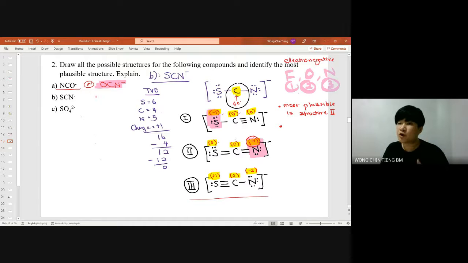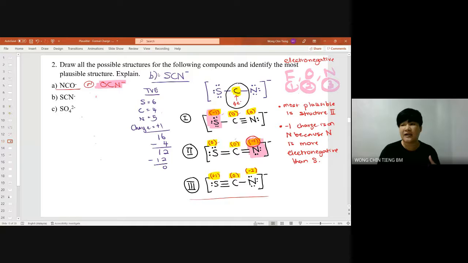So the more stable one is when the negative one charge is on nitrogen, because the reason is just one: nitrogen is more electronegative than sulfur. Okay? Why will negative one be comfortable on nitrogen and more stable there? Because nitrogen is more electronegative than sulfur. Is that clear?